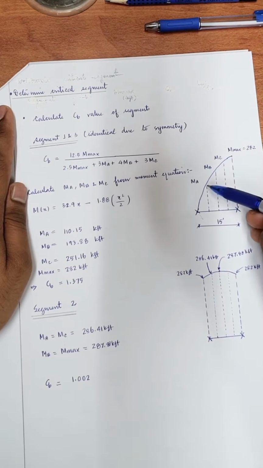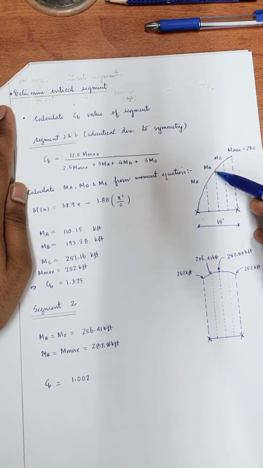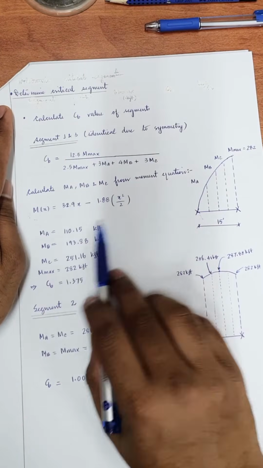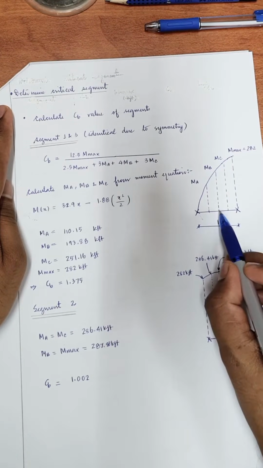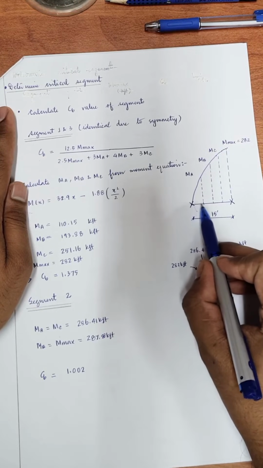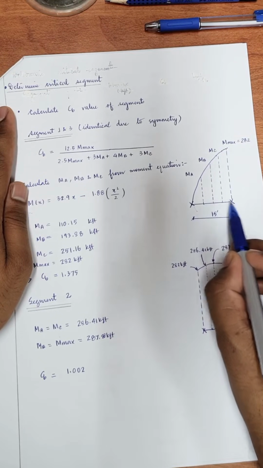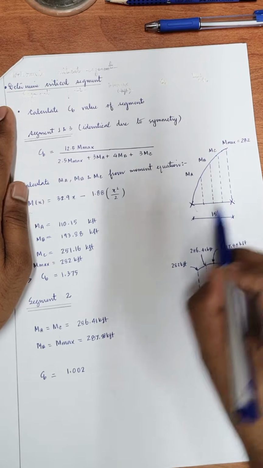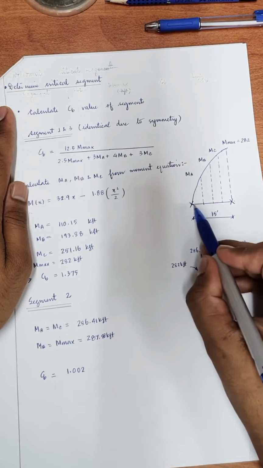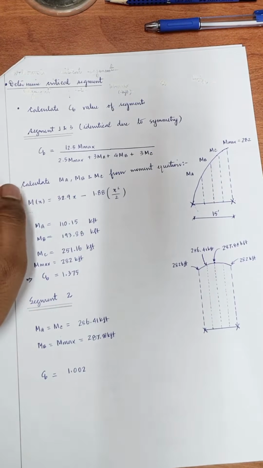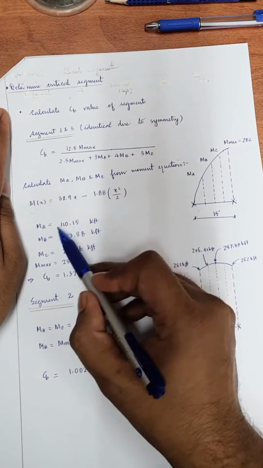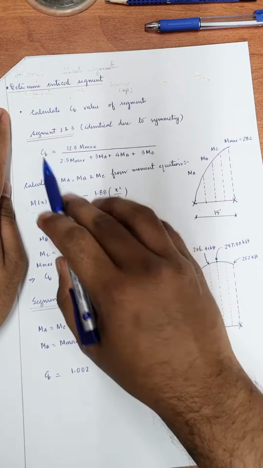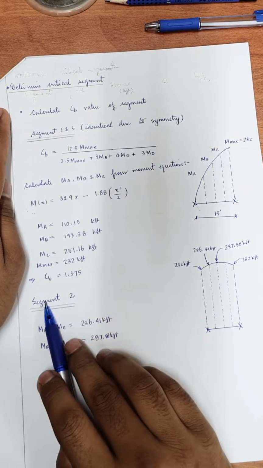So the values of moments MA, MB, MC and Mmax are calculated from the bending moment equation, and these are the distances. First of all, you have 4 equally spaced parts, so 15/4, 15/4, 15/4 and 15/4. You substitute the values of distance as we develop the bending moment diagram. Substitute the values of MA, MB, MC and Mmax inside the Cb equation to get the value of Cb.